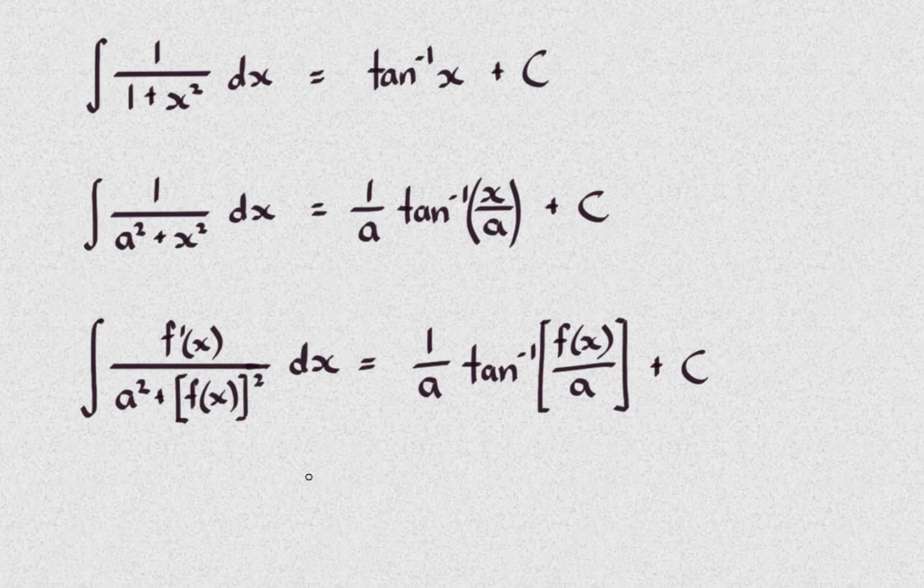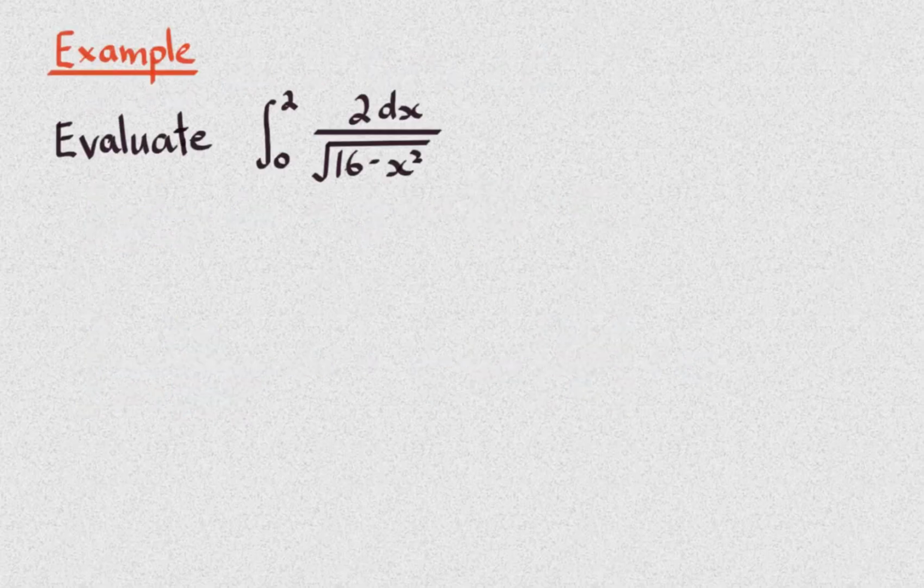So we're going to do one last example, and we will do it via two methods. First, we will look at using what we've just talked about, and second, we'll do it with a substitution. Evaluate the integral between 0 and 2 of 2 over the square root of 16 minus x squared.